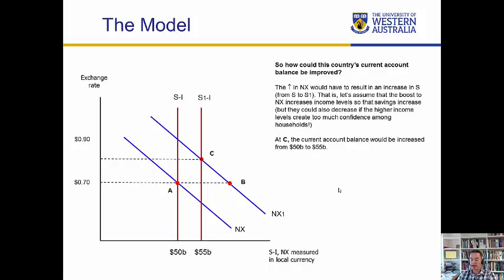Okay, so what I'm really doing there is I'm ignoring this whole question of whether current account deficits are good or bad, or whether current account surpluses are good or bad. We already know that if a country's current account surplus increases, it could be for good reasons, it could actually be for bad reasons. We've been through that.